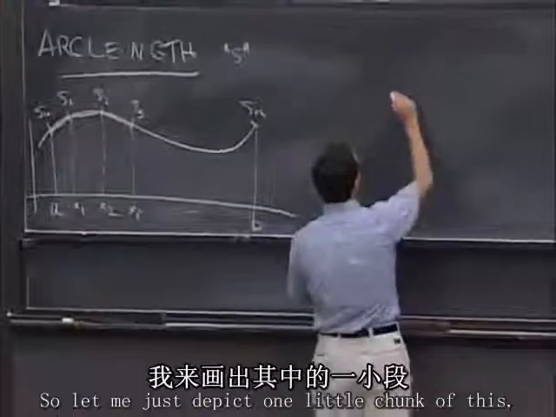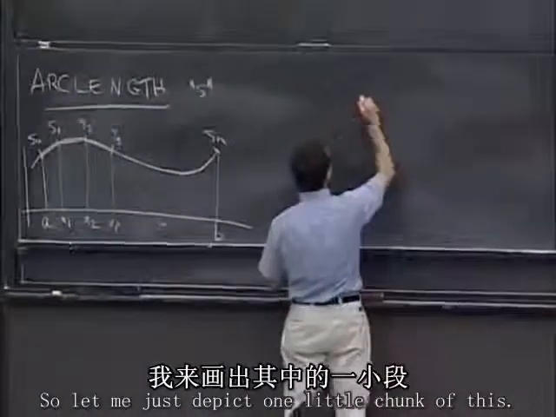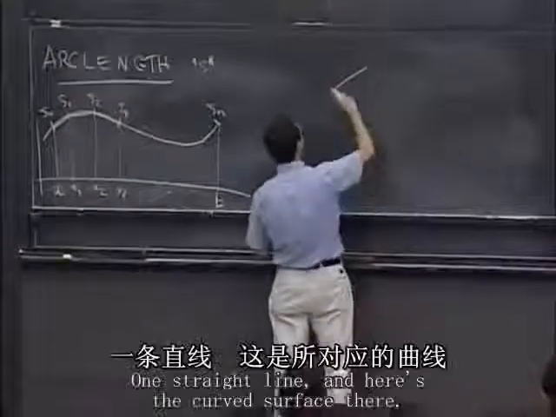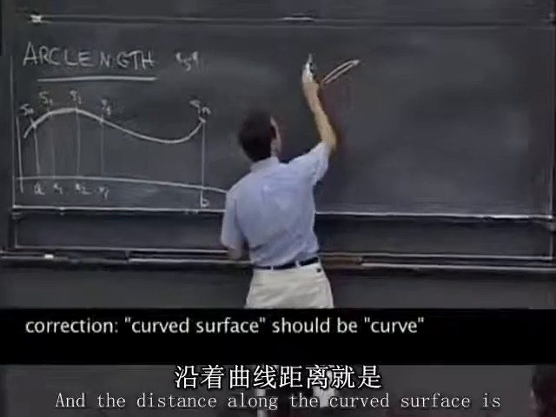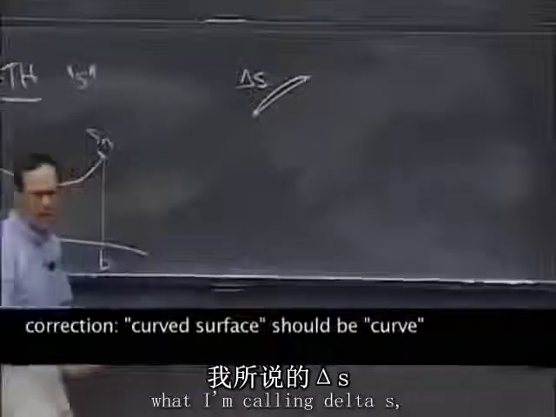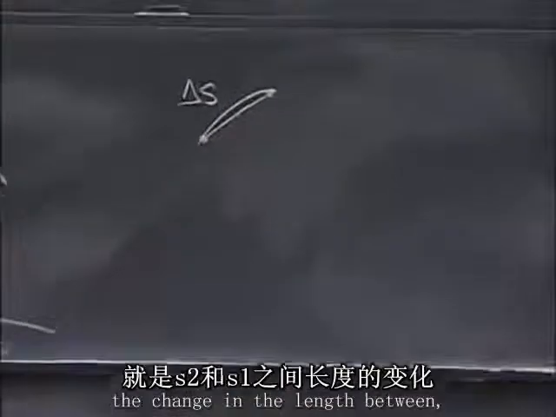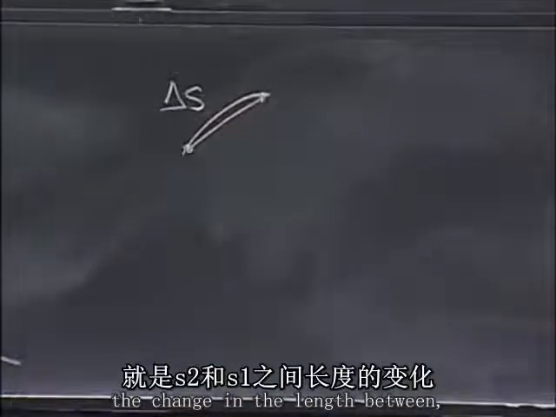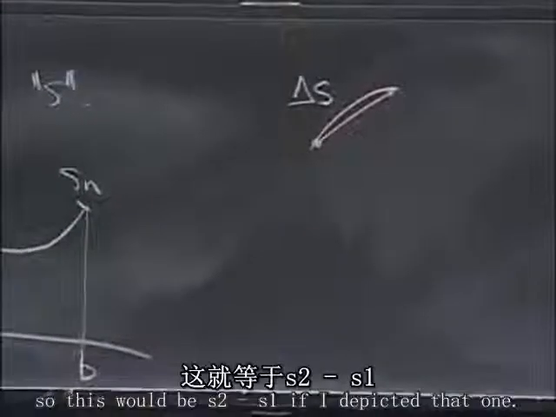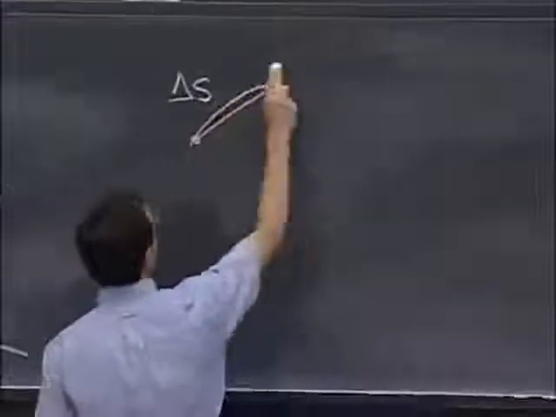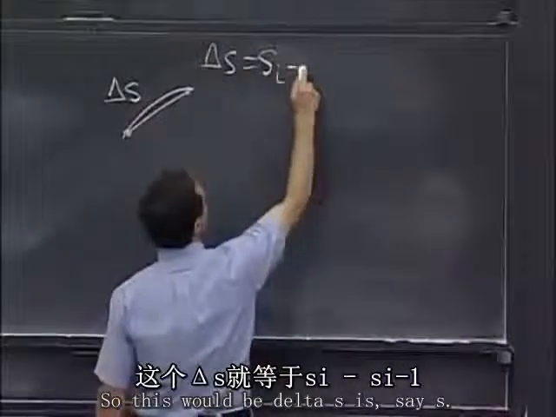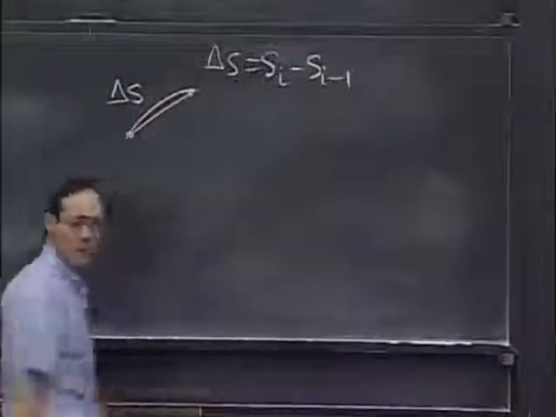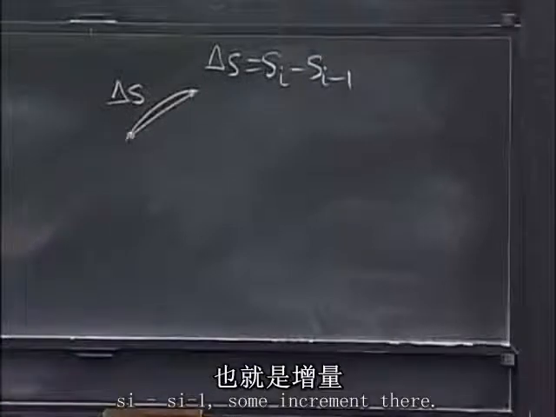So let me just depict one little chunk of this, which is like this, one straight line, and here's the curved surface there, and the distance along the curved surface is what I'm calling delta S, the change in the length between, so this would be S2 minus S1 if I depicted that one. So this would be delta S is, say, S_i minus S_(i-1), some increment there.